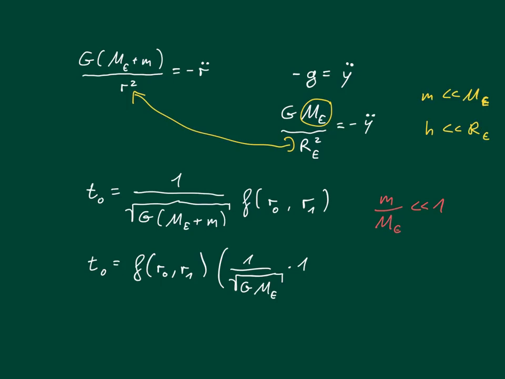So this is the zeroth order, plus the first correction, which comes with a minus 1/2 multiplied by the ratio between the small mass and the large mass times 1 over square root of G M_E, plus higher order terms which have the ratio between the small mass and the large mass.